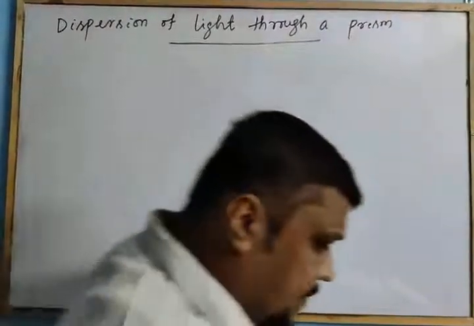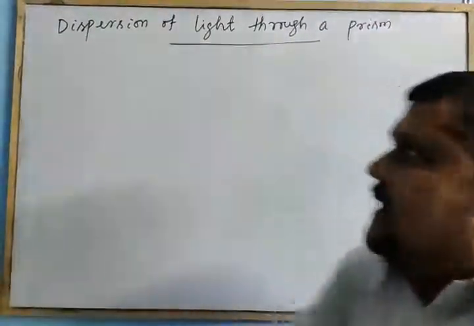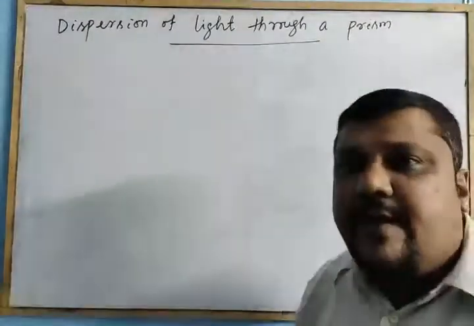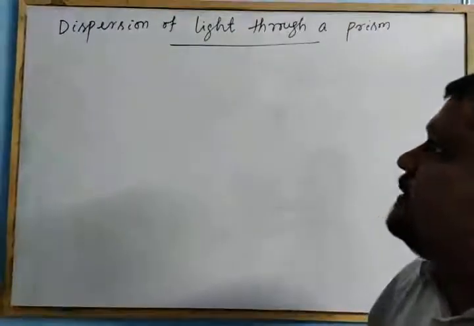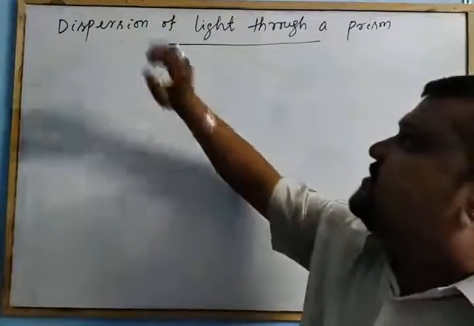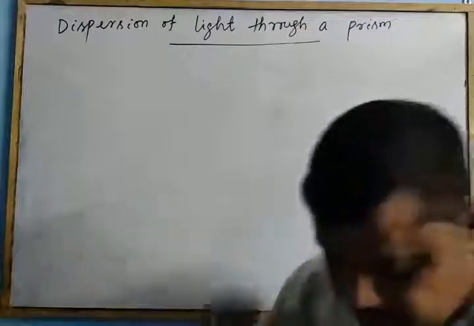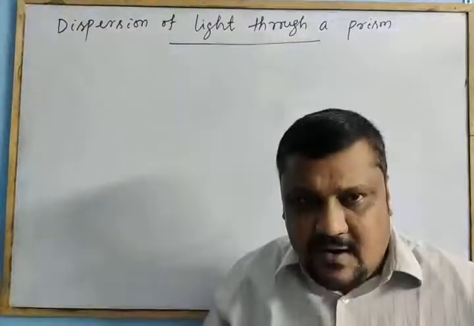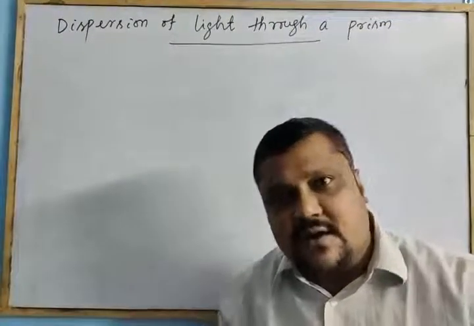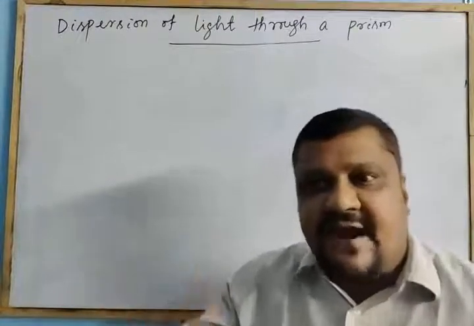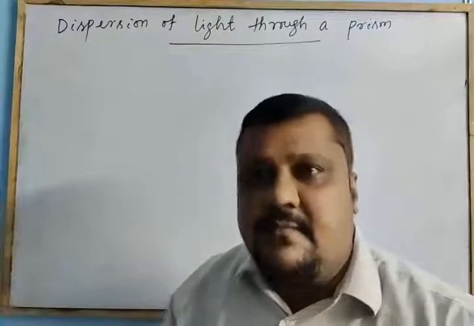Then next we will go for another phenomenon observed through a prism. What is that? Dispersion of light through a prism. So already we discussed how the refraction occurs through a prism and what the refractive index of the material of the prism is.